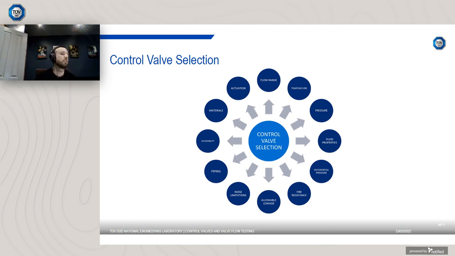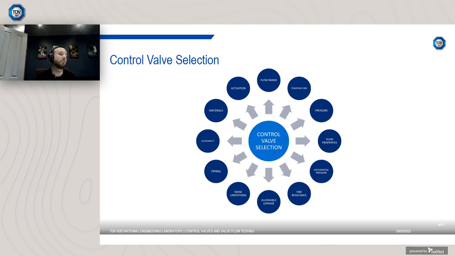Temperature and pressure is obviously quite critical. Temperature of your process fluid can dictate things like the materials of the valve. So for example, if it's ambient temperature, then carbon steel might be suitable, but if it's for cryogenic conditions, you might have to look at things like stainless steel. Pressure, you need to make sure the valve body is suitably rated for the operating pressure.